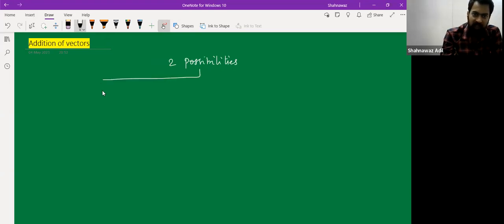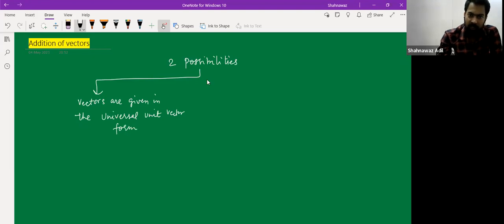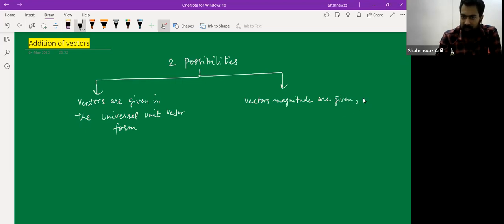One is that vectors are given in the universal unit vector form. And the second possibility is that the magnitudes of the vectors are given, and the angle between them is given.